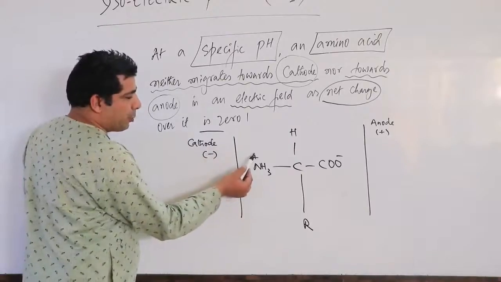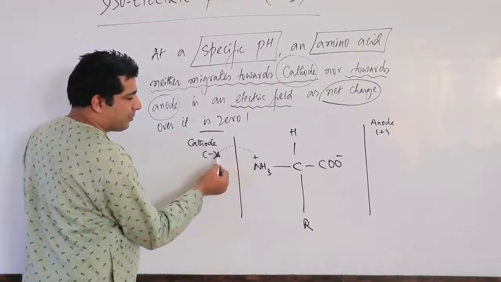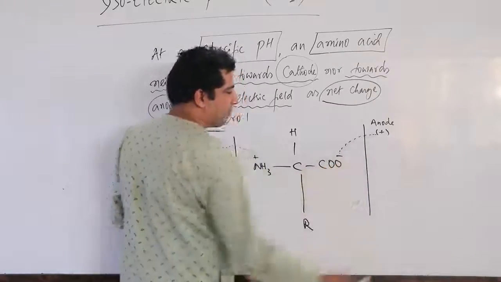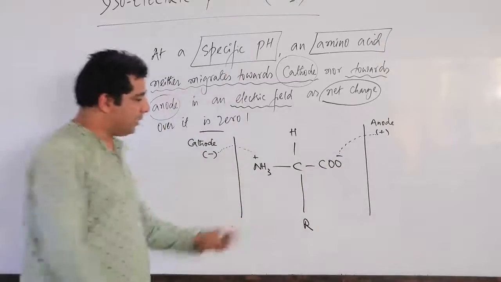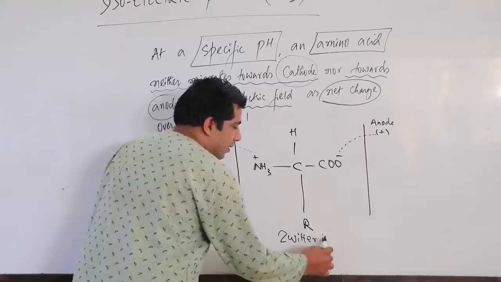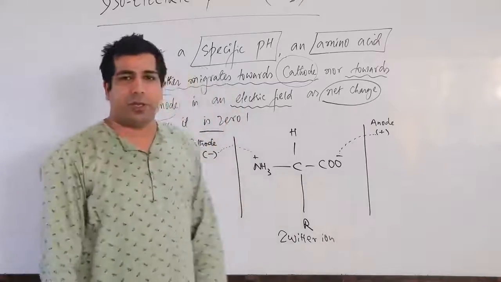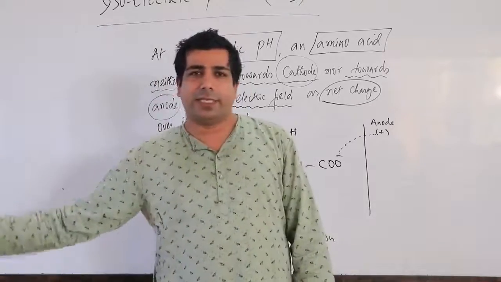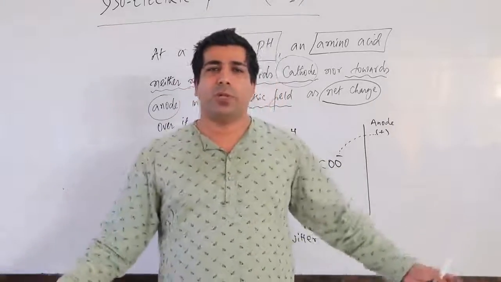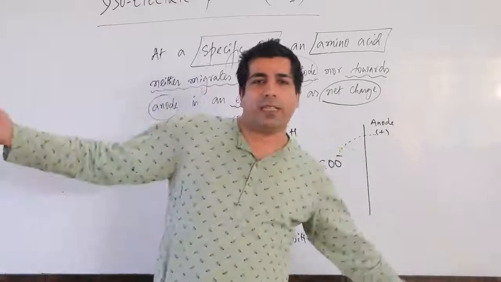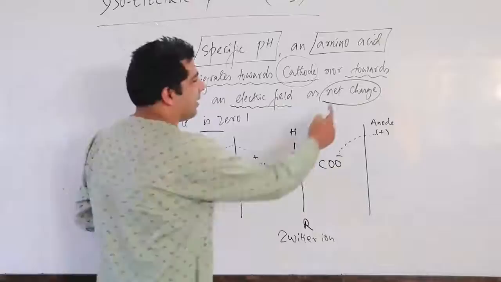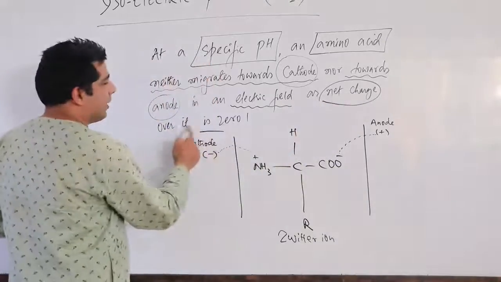So this positive charge will be attracted by the cathode, and this negative charge will be attracted by the anode. So what will happen? This zwitter ion will not move anywhere because it is equally attracted on both sides. Right side as well as left side is equally attracted by cathode and anode. So the net movement of the zwitter ion will be how much? Zero.